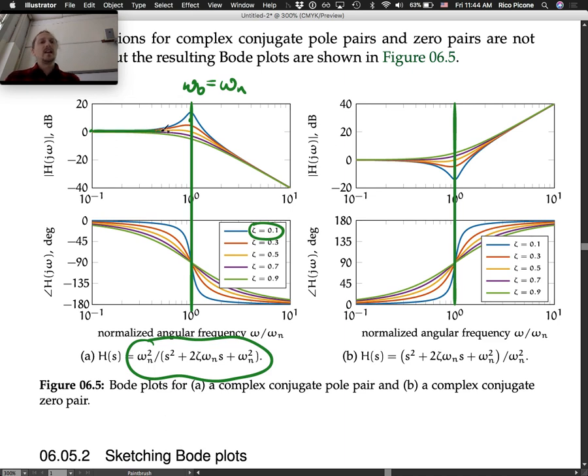And then it's going to have some peak, so I'll draw it coming up with a hump there. And then above my break frequency, they all kind of come together to one asymptote, which has a slope of, and it's not totally obvious from this, but the slope is negative 40 dB per decade.